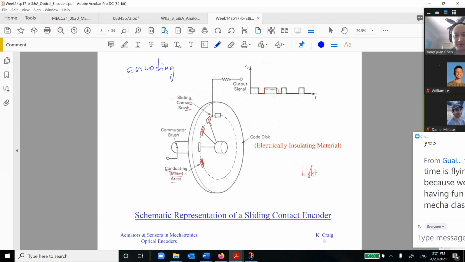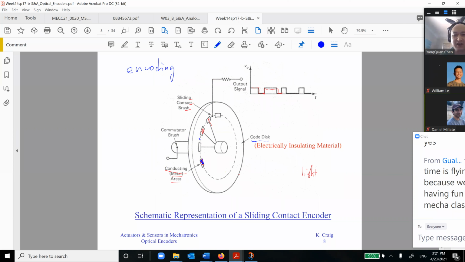Say, for example, you have an electrically insulating material. This is a code disk. You put some windows, but these windows are actually conducting dots. These are the conducting dots. Then this is a commutator brush, so you make contact with this.